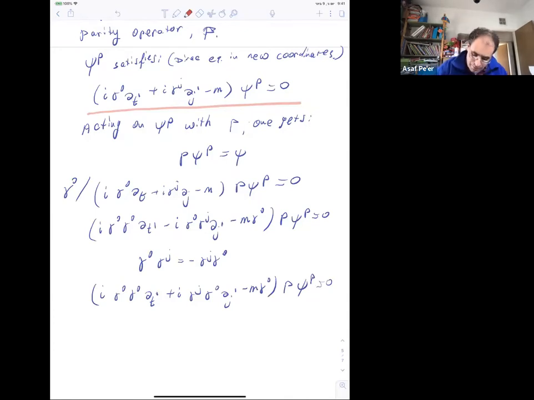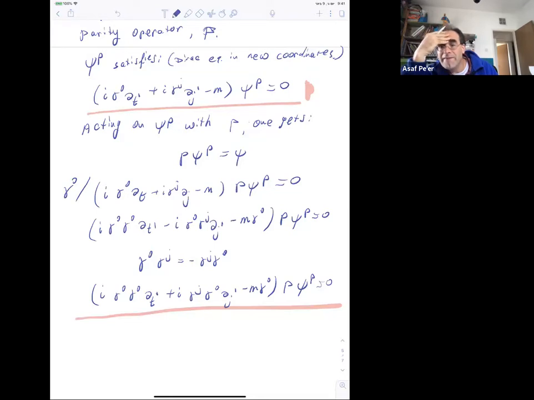Now I compare this equation with the equation that I marked here with the red. And I see that I get the same equation if what? What do we need to get?